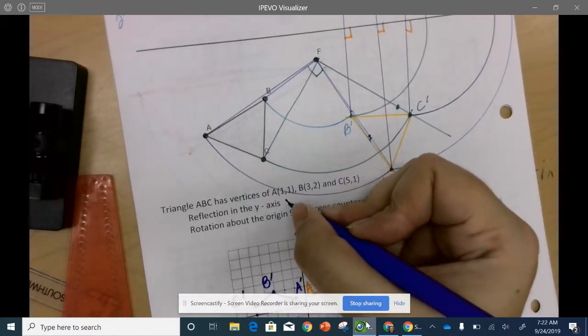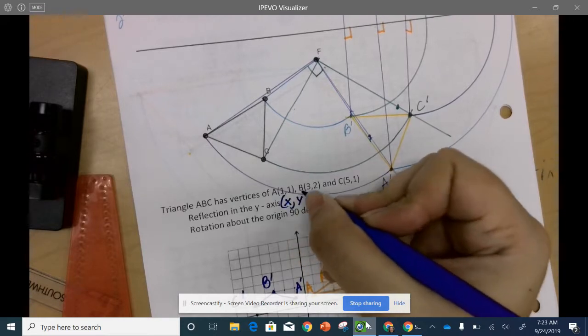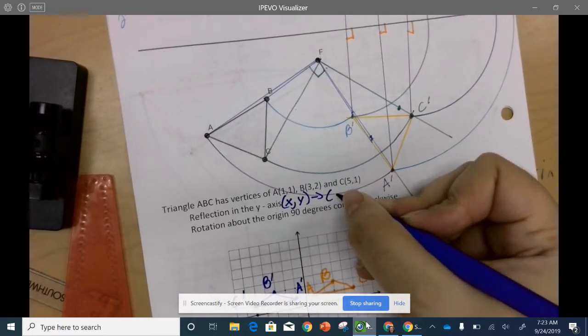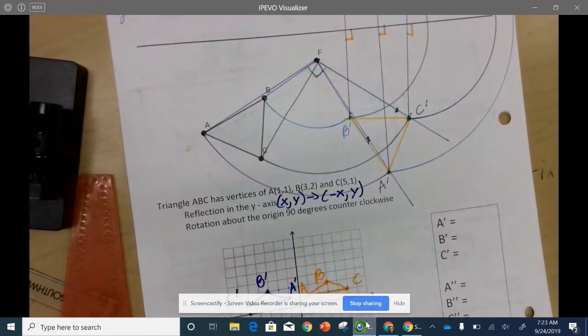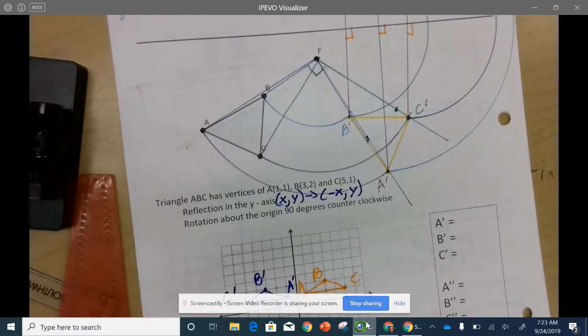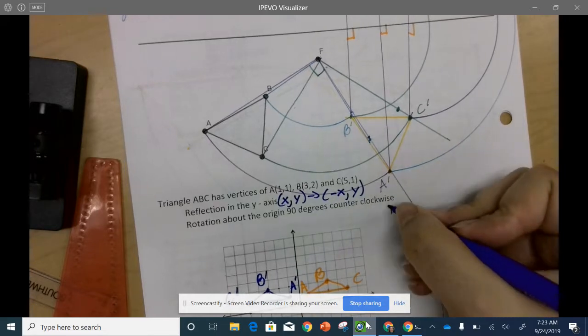So when we reflect over the x-axis, the x-coordinate changes sign. Okay, and then 90 degrees about the origin counterclockwise. So then we're going to rotate it counterclockwise, everybody, so that's this direction.